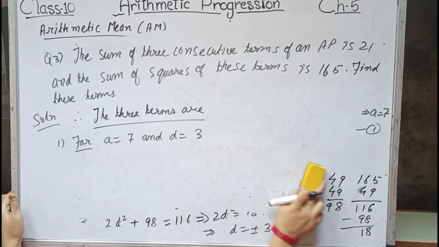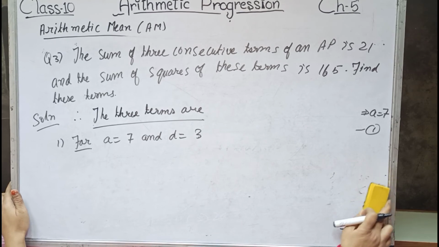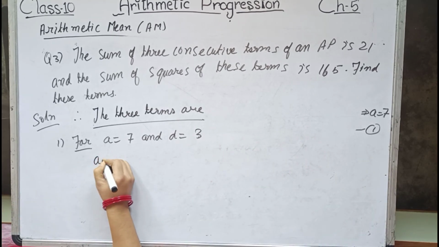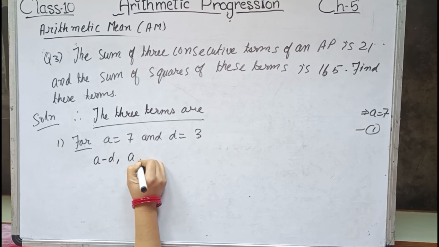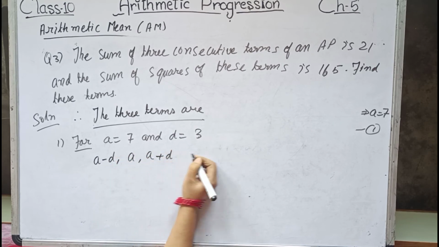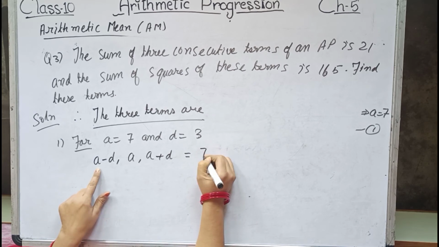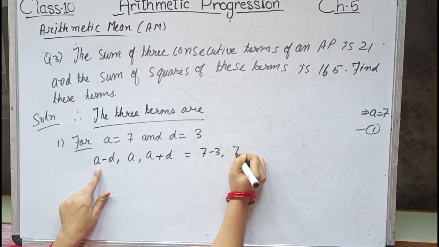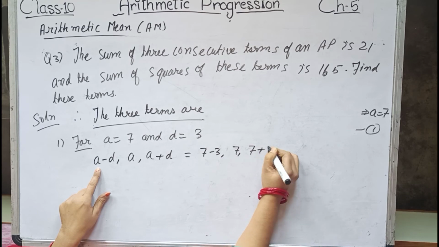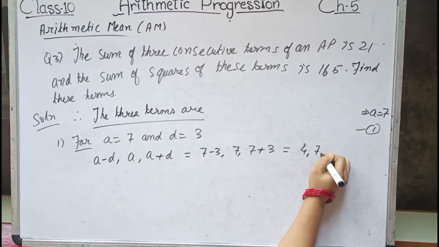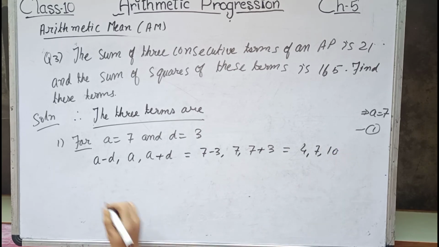So let us find the terms. A minus d, a and a plus d equals 7 minus 3, 7 and 7 plus 3. This equals 4, 7 and 10.